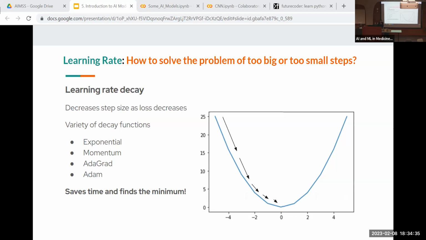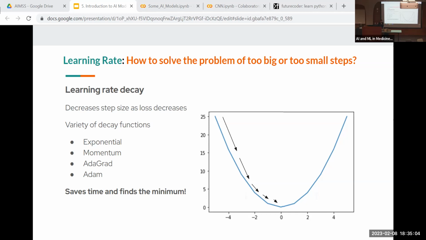To solve this problem, there are some methods proposed. Again, it's just the intuition and the idea about why we want to minimize the loss function, and for that, we use gradient descent. Sometimes there are problems, and there are solutions to those problems, like using some optimizers, and some of them are listed here.